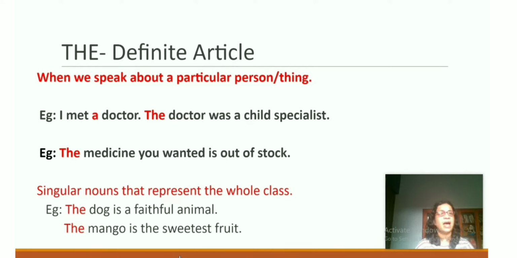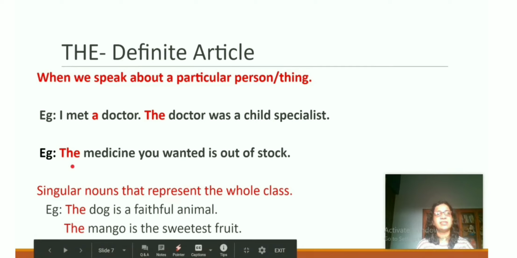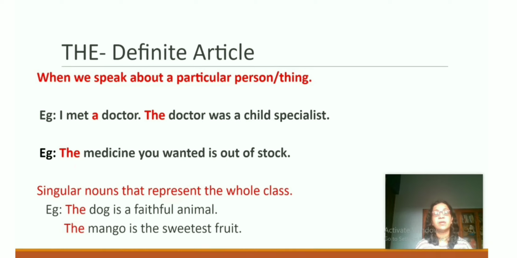For example, I met a girl. The girl was a dancer. Now look at the second sentence: the medicine you wanted is out of stock. Why did I use the medicine? Because you and I know which medicine we are talking about. It is that particular medicine which is out of stock.